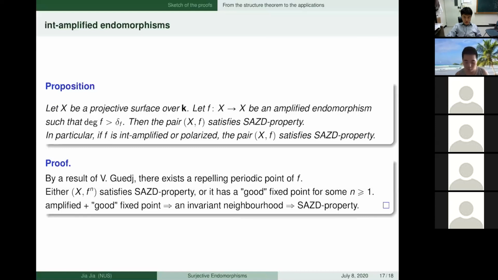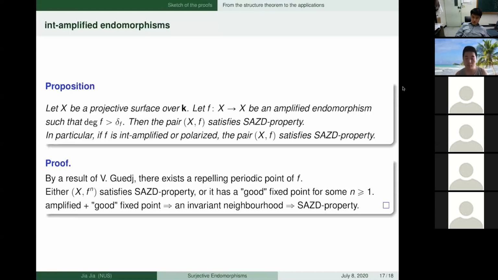Good means that for each fixed point, we have an endomorphism on its tangent space, and the 2 eigenvalues of this endomorphism on the tangent space are multiplicatively independent and have modulus smaller than or equal to 1. Then using some local dynamics, we can show amplified plus this good fixed point implies there is an invariant neighborhood. Using this invariant neighborhood, we can show this pair (X, F) satisfies the SAZD property.